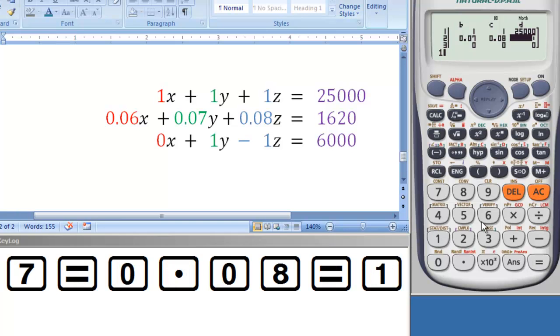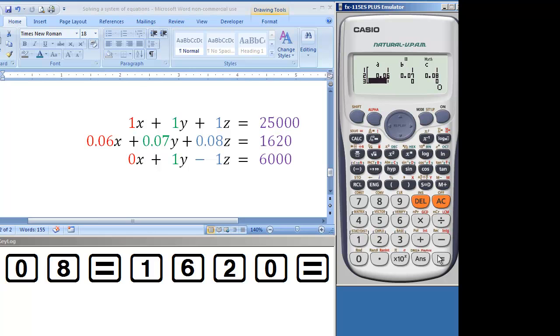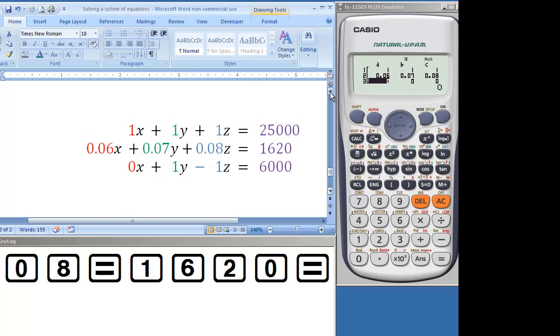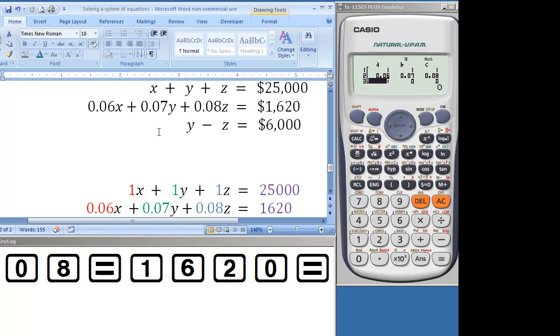Let's find our last equation. One thing I want to point out here, if you notice in the original system there was no term for x. So when that happens, it means the coefficient of that particular variable is a 0. So when you're entering into your Casio, you have to put a value in for x.